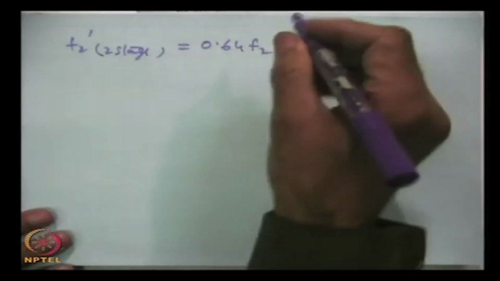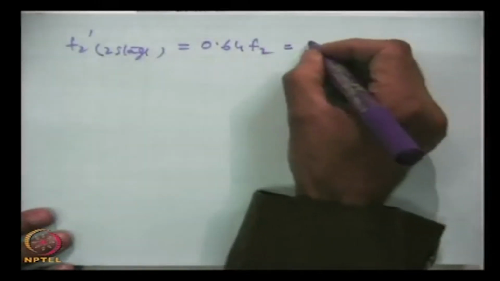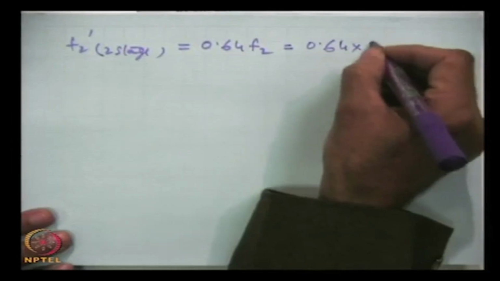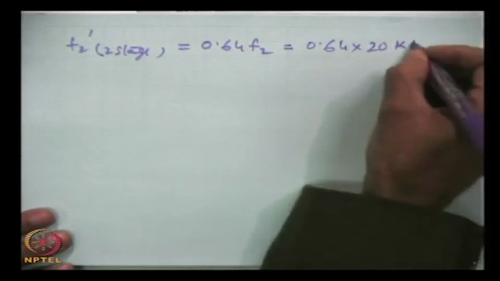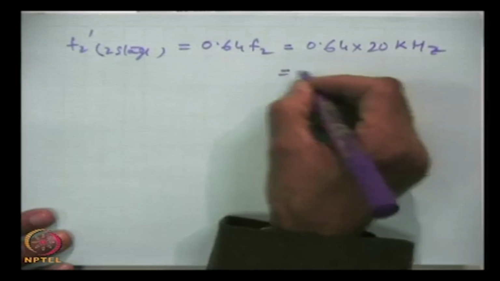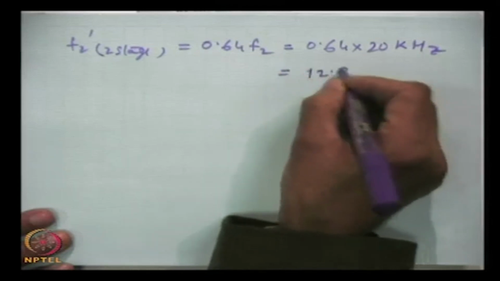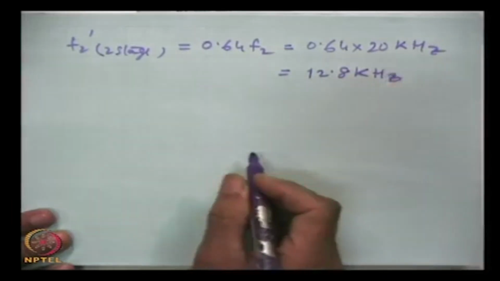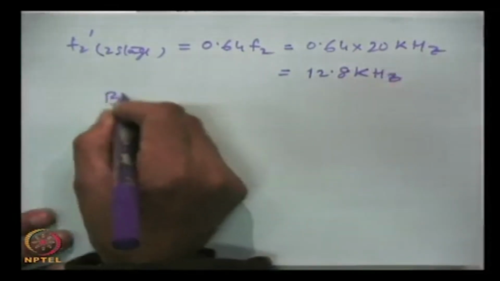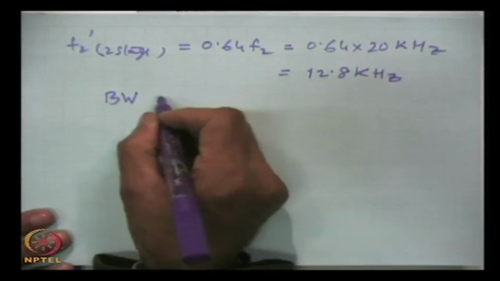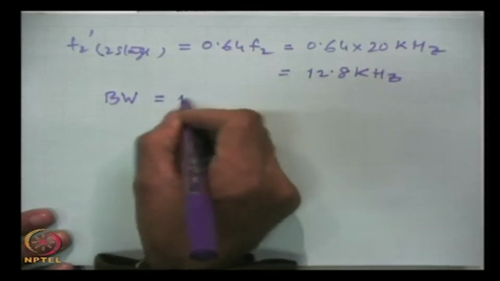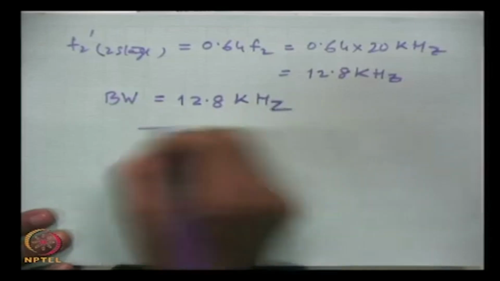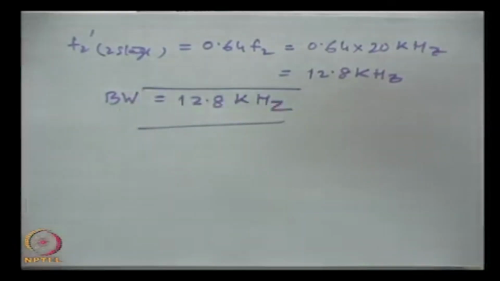So, this is reduced from 20 kilohertz to 12.8 kilohertz, and because 31 is very small, the bandwidth for this two stage amplifier actually is reduced from 20 to 12.8 kilohertz.